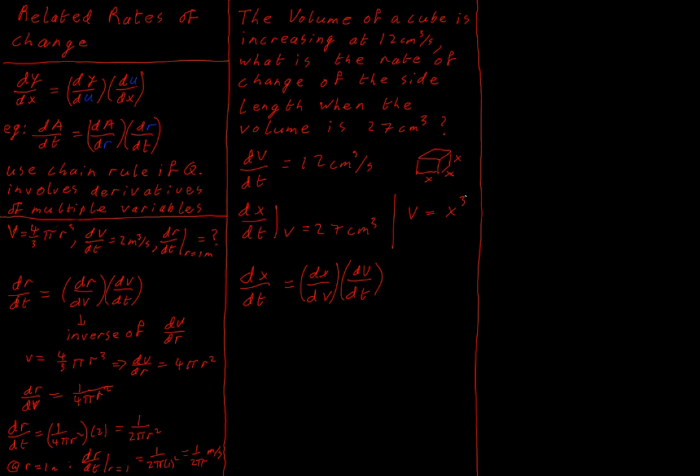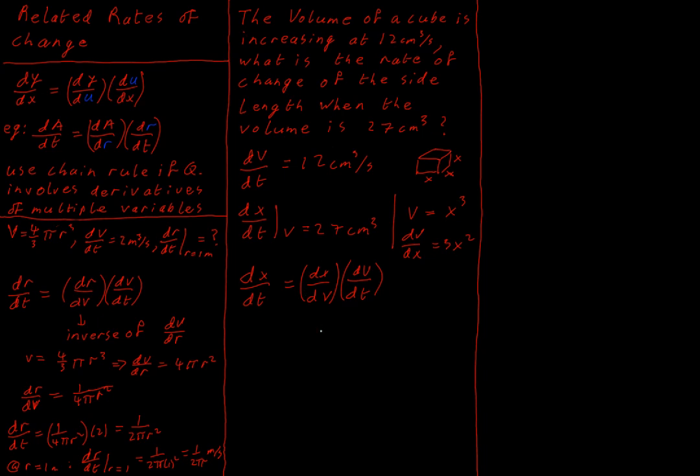That's where we get the name cubed from, because it's the volume of a cube. So the point is we would be easily able to find dV/dx. dV/dx would just be 3x squared. But I've got dx/dV.